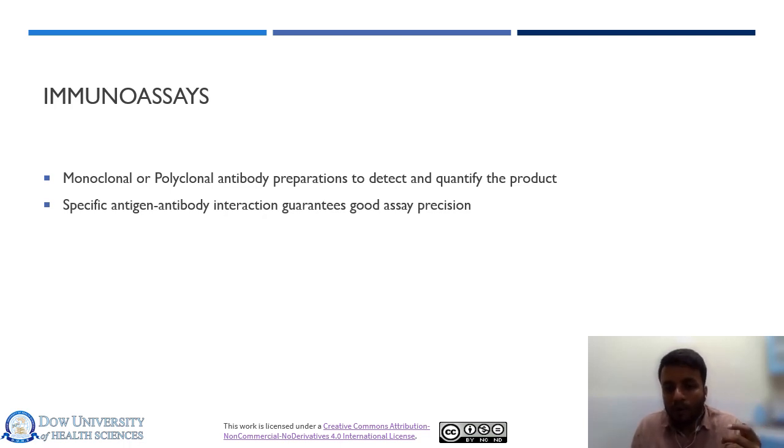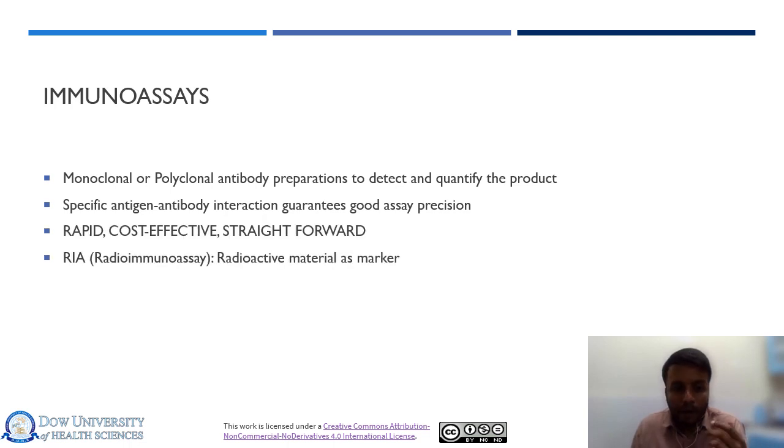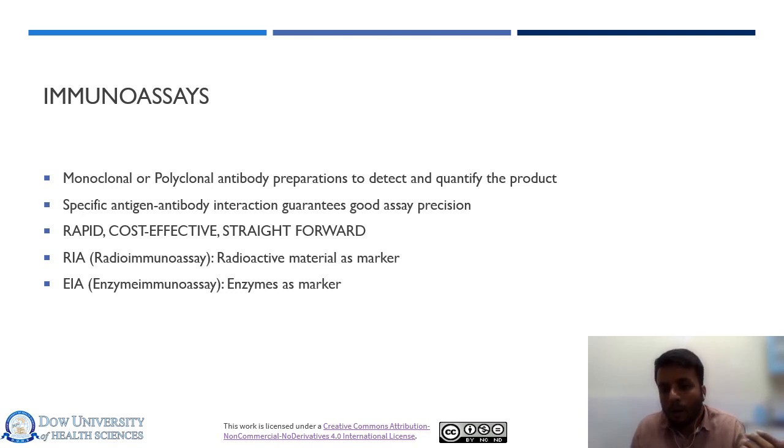Now, there are two different types of immunoassays that are being used. One is called RIA, which is the radioimmunoassay, or the EIA, that is the enzyme immunoassay.